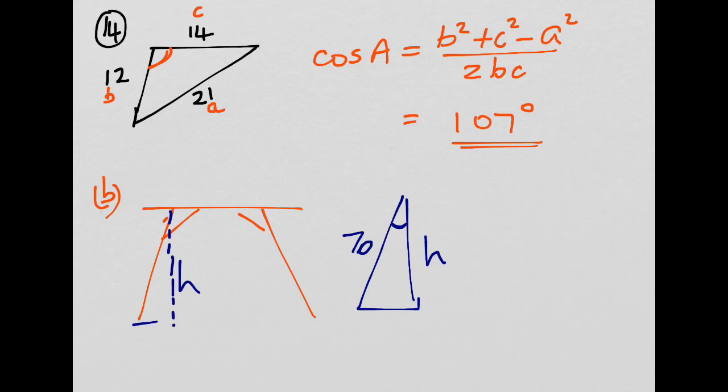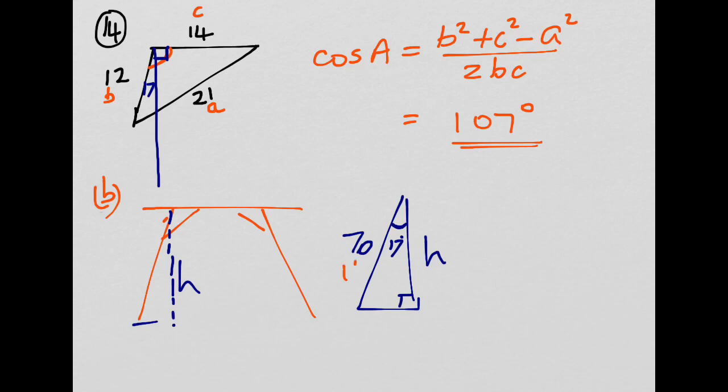How do we know that? Well, we know this whole angle here is 107. We know that we're trying to calculate that height there. So if that's 107, that being a right angle for the height would mean that that angle in there is 17 degrees. So basically I'm going to use that right angle triangle in SOHCAHTOA to work out the height.